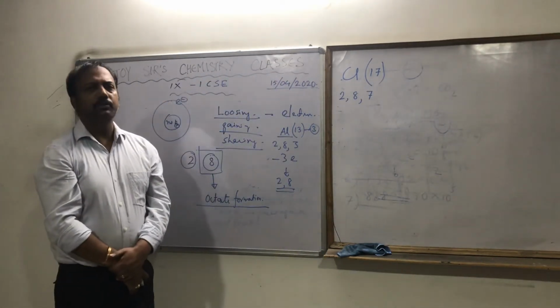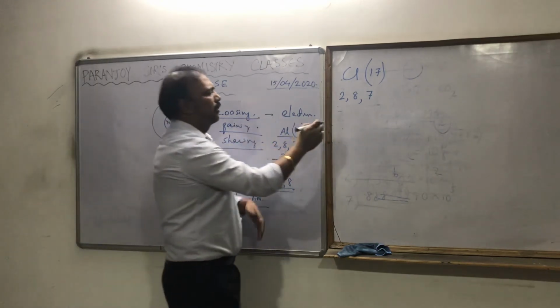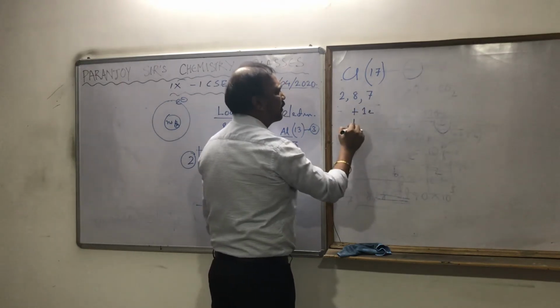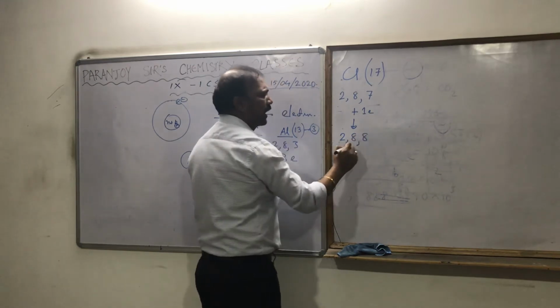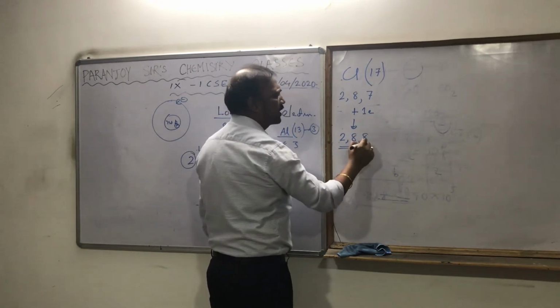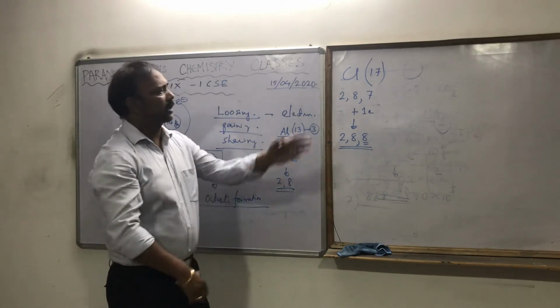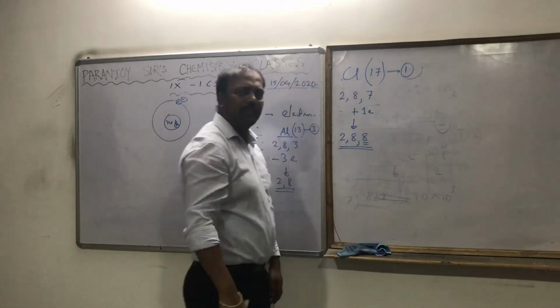It will try to gain an electron. If it gains an electron, plus 1e, its electronic configuration will be what? 2, 8 and 8. Again, it is having the stable configuration because last shell has got 8 electrons, rule of octet. So what is its valency? Its valency is 1. Right?